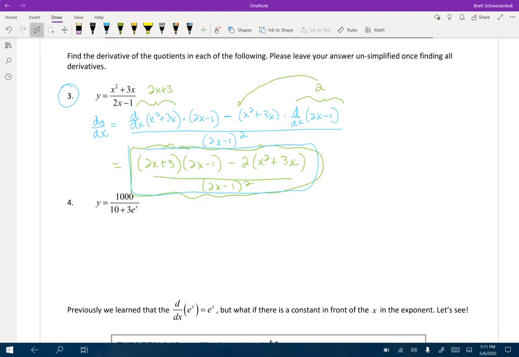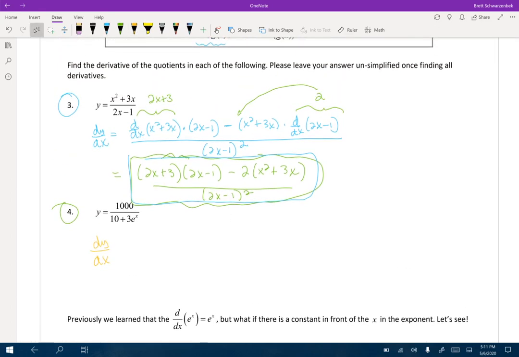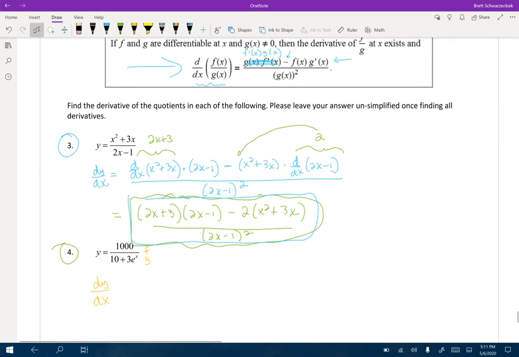Okay, so let's try another one. We've got y equals 1,000 over 10 plus 3e to the x. We're going to find dy/dx. Clearly, this is a quotient where the numerator is f and the denominator is g. So if we follow the letter of the law, what are we going to get?